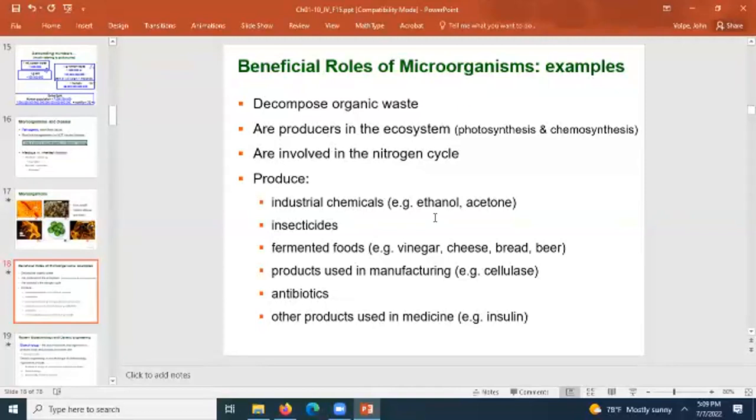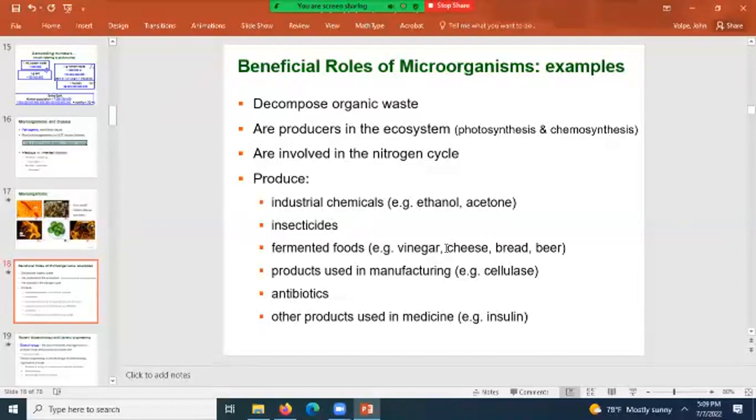We use them to make certain insecticides, and we'll talk a little bit about that in a little bit, where we can use microbes to make chemical insecticides, and they're less harmful than the man-made insecticides. We use microbes to ferment food for us, and this has been used for thousands or millions of years. We use microbes to make vinegar for us.